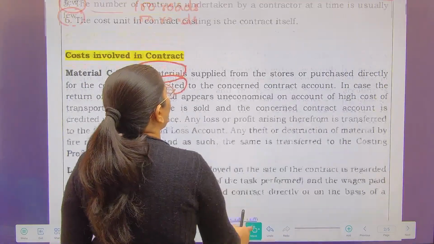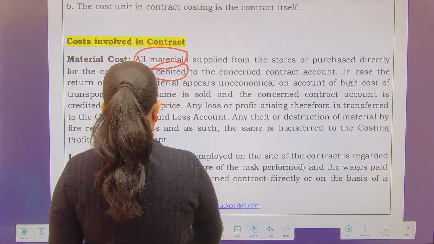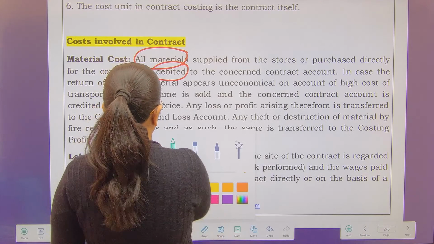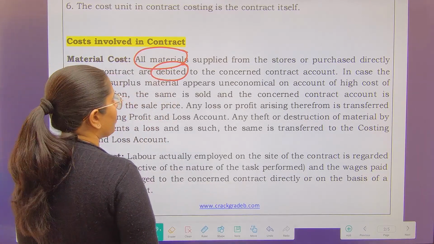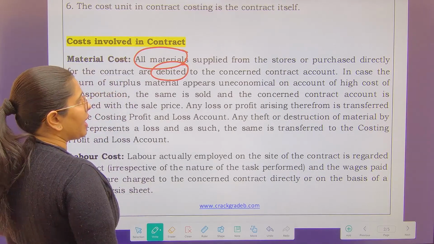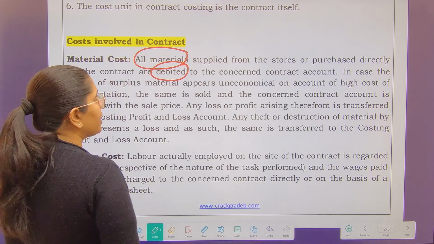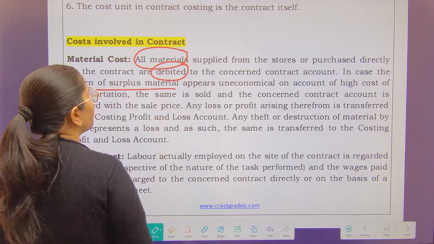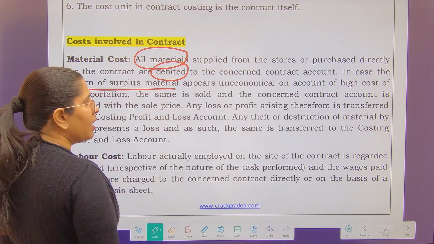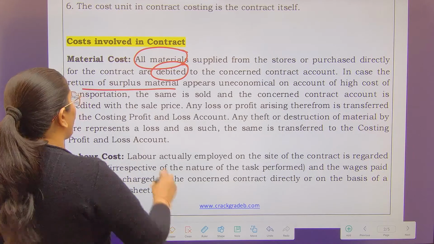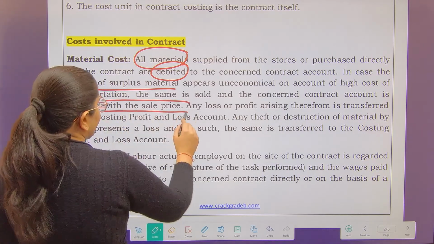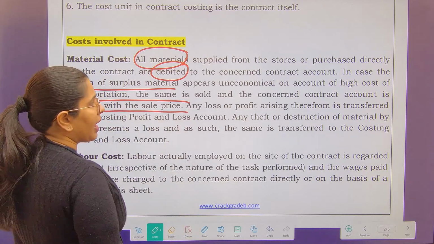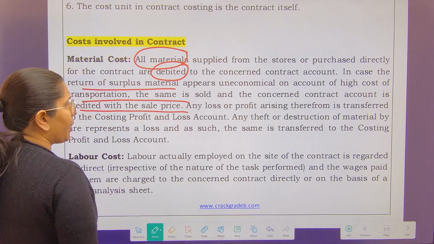We were talking about your material. So all materials supplied from the stores or purchased directly for the contract are debited to the concerned contract account. In case return of surplus material appears uneconomical on account of the high cost of transportation, the same is sold and your contract account is credited with the sale price.